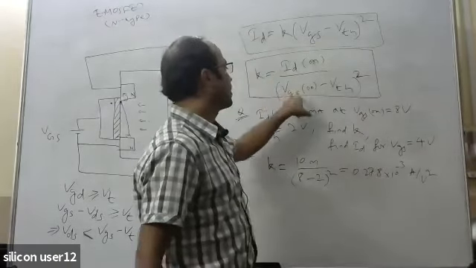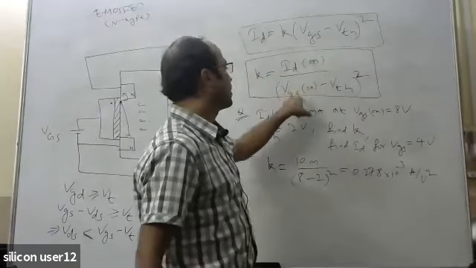So this is the symbol I have drawn, and I have told you the only difference with respect to the depletion type is that here this line is broken, but in case of depletion type, this line is a continuous one. So that indicates what? That in case of enhancement type MOSFET, the channel is not present from the beginning. This channel has to be created. The channel is not existing.